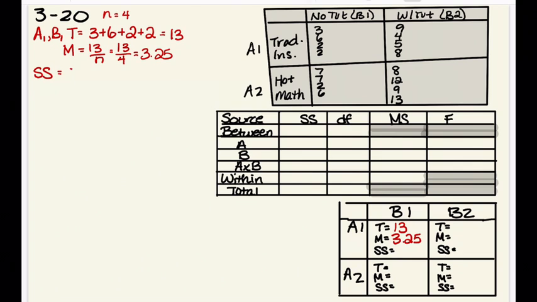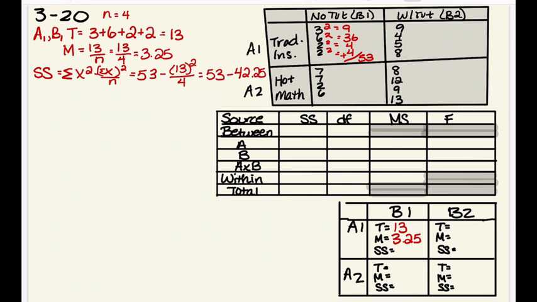We'll find our sum of squared deviations with our sum of squared deviations formula, which is the sum of x squared minus the sum of x, squared, divided by n. We'll square each of our scores individually and add them up to find the sum of x squared, and T is our sum of x value, so we'll square that and divide it by n, and come up with a value of 10.75.